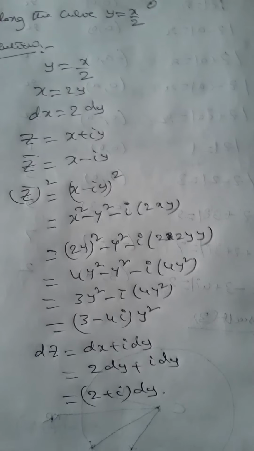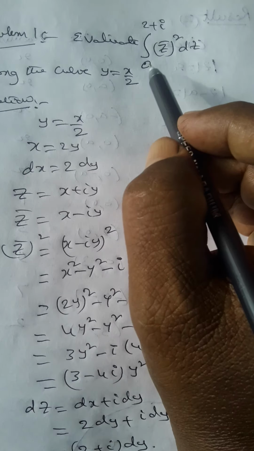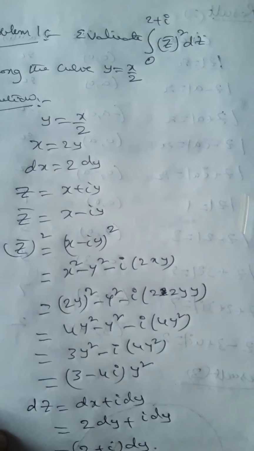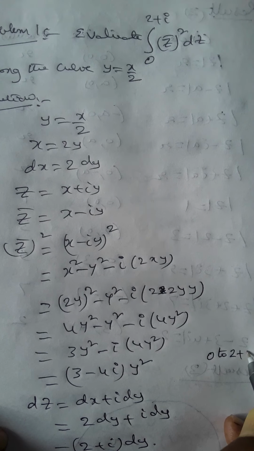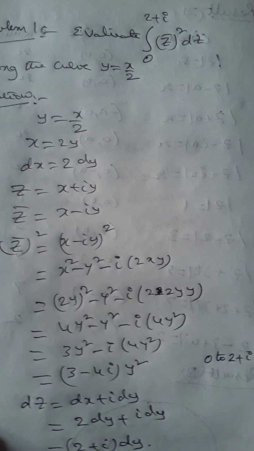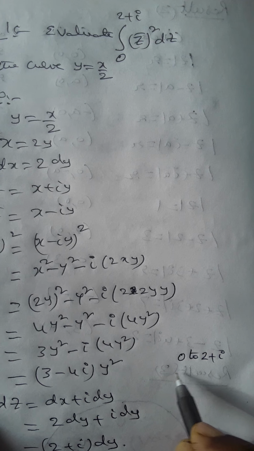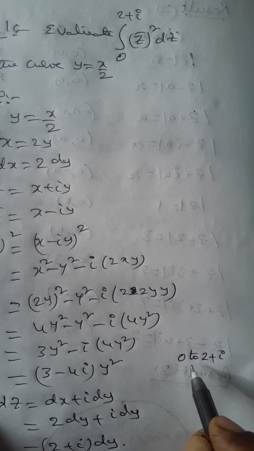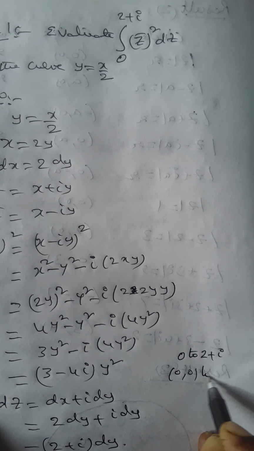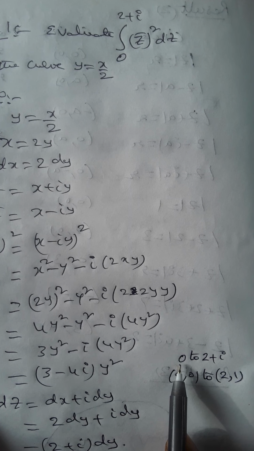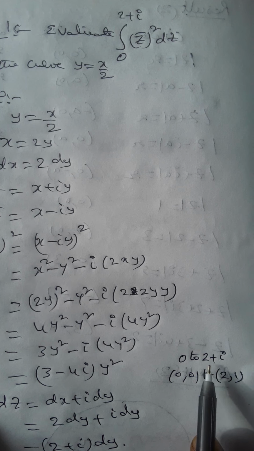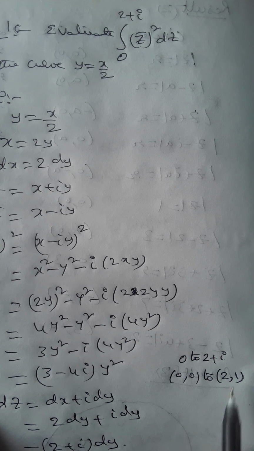Now the limits. Here the integration is from 0 to 2 plus i. 0 means the point 0, 0, with x coordinate 0 and y coordinate 0. 2 plus i means x coordinate 2 and y coordinate, the coefficient of i, is 1.